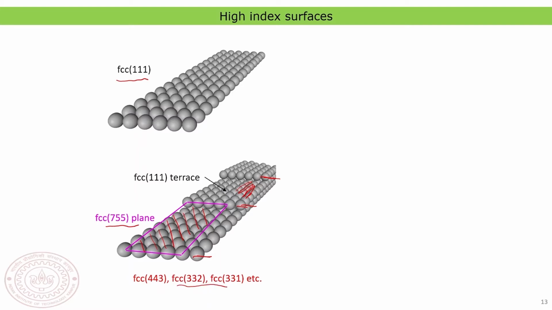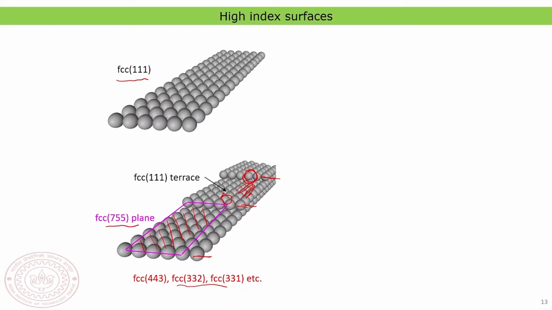But what is the significance of a surface having step edges? As we have already discussed earlier, whenever you have step edges, you end up with atoms that have low coordination compared to the atoms on the surface. Of course, you can see here on an FCC 111 surface the coordination is very high, but the atoms at the step edges are going to have lower coordination.